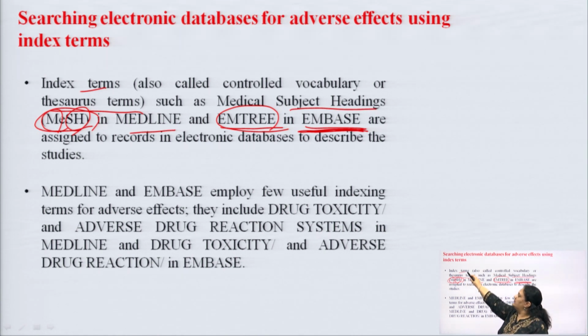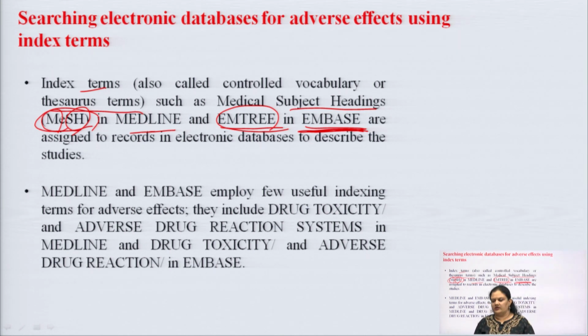You will find this type of index in Medline, while EMtree terms in Embase are assigned to record various adverse drug reaction-like responses of different classes of drugs in the electronic database, to help researchers, academicians, and clinicians. Medline and Embase employ useful indexing terms for adverse effects.